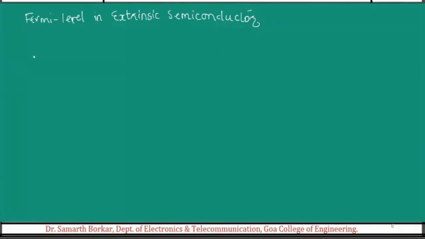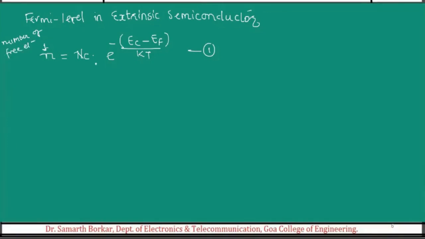So we have the concentration n, which reflects the concentration of free electrons. It is Nc e raised to minus of EC minus EF by KT. Okay, this is the first expression. Now, what does this equation reflect? It is the equation for number of free electrons. This is the concentration. n is the number of free electrons.